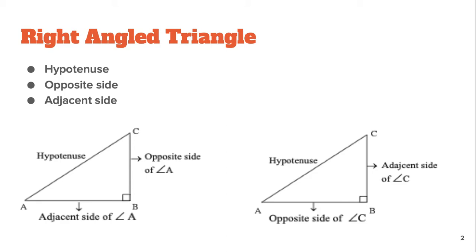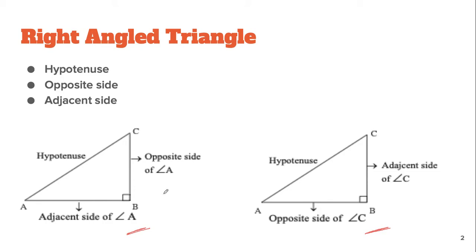We already know that a right angle triangle is a triangle in which there is one angle which is of measure 90 degrees. If you look at the diagrams here, in both the triangles, the one on your left hand side and the one on your right hand side, angle B is the 90-degree angle.